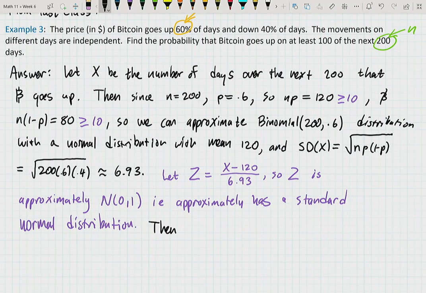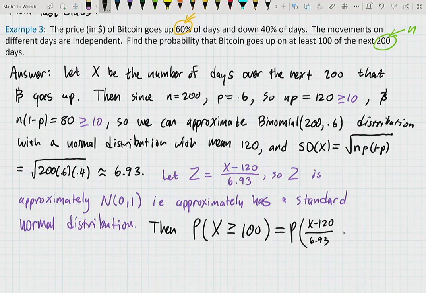Then what did we want? We wanted to find out the probability that it went up on more than 100 days. So we wanted the probability that X was greater than or equal to 100. Here's the part where it seems like a lot of people get lost: I standardize both sides of this event. So let's subtract 120 and divide by 6.93 on both sides.